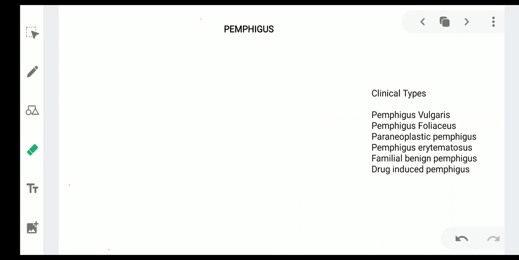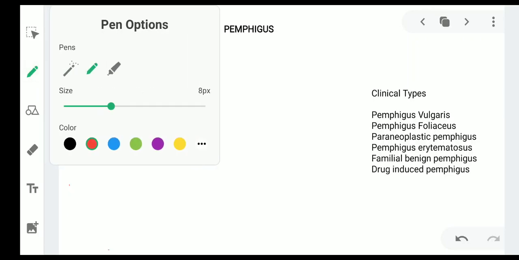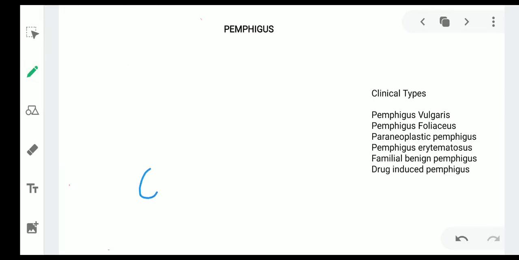Now, as we see, it is an autoimmune disease. So, comparing it with pemphigoid, the etiology will be like this. I will try to explain it with the help of an example. Say you have halogen balloons with you.